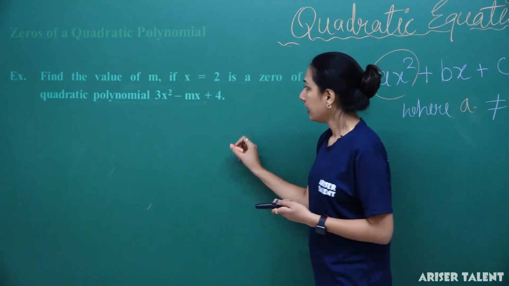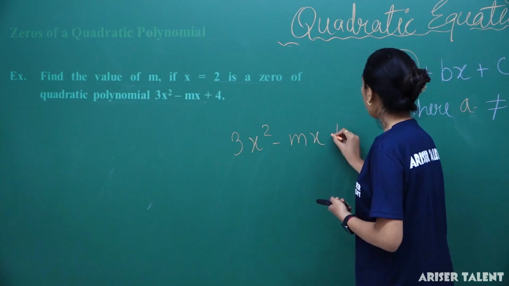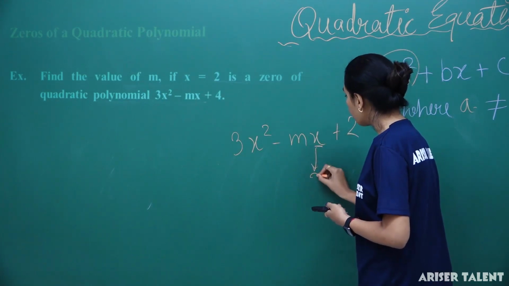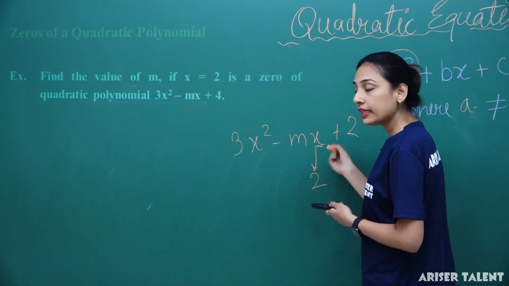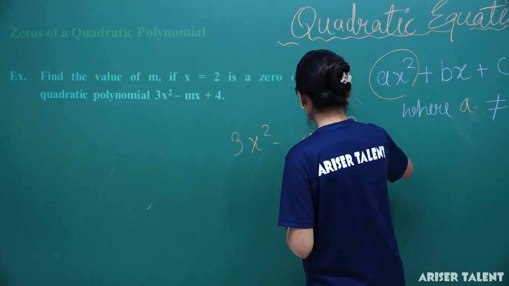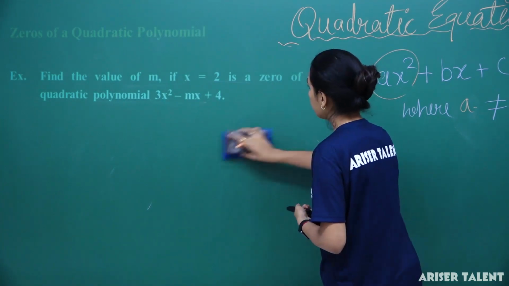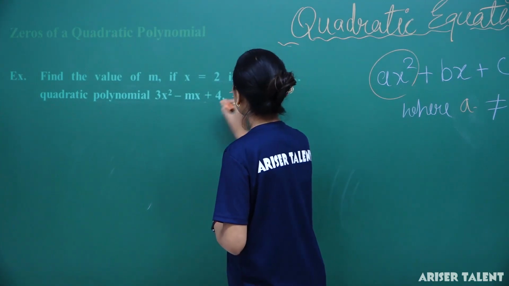Okay, if in this equation I put the value x equals to 2 and the value comes as 0, then let's find out this value, that will become 0.